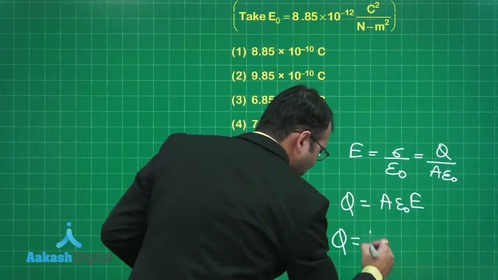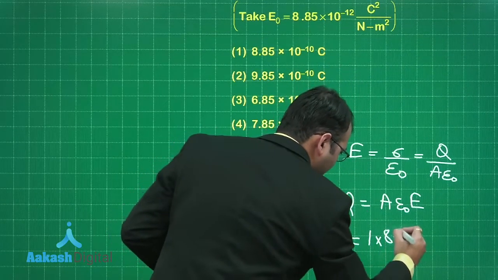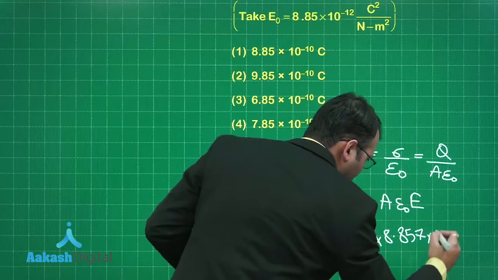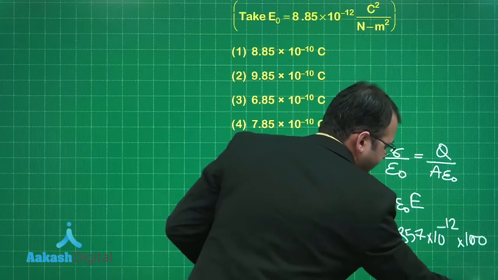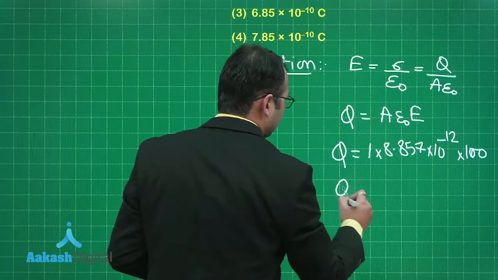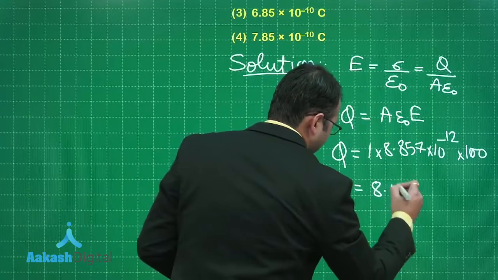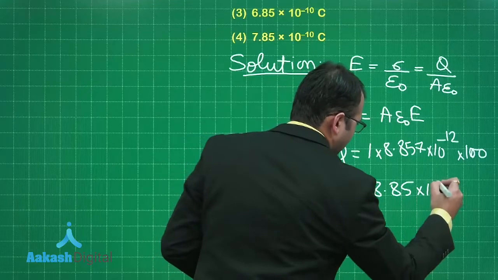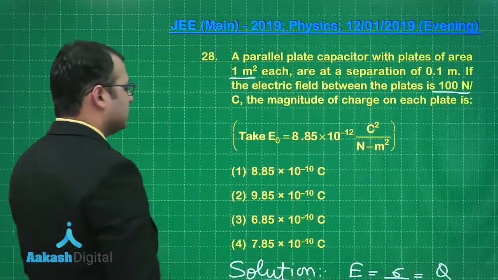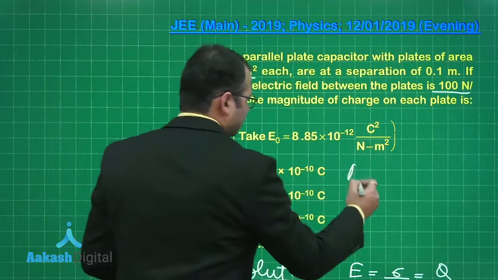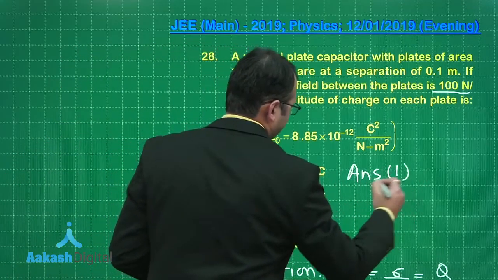So I'll just put the value 1 into 8.857 into 10 to power minus 12, and the electric field is 100, right? On solution you will get Q equals 8.85 into 10 to power minus 10 coulomb. Let's see which is the best suited option here. As you can see, option number 1 would be the right answer for this question, right?